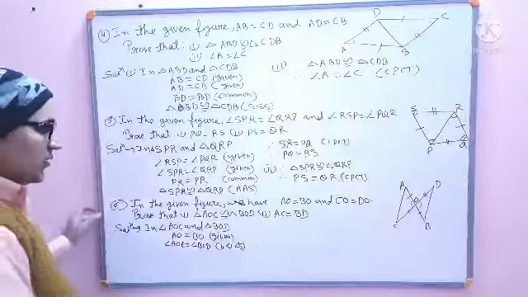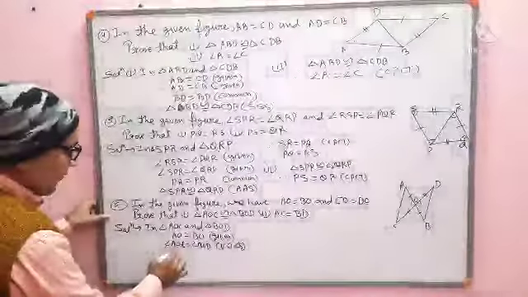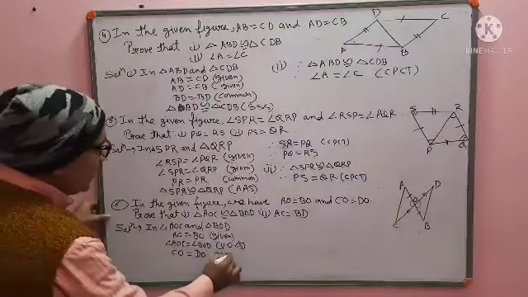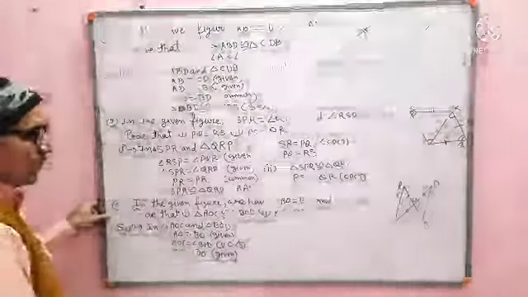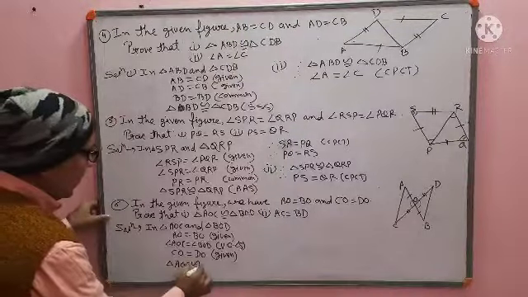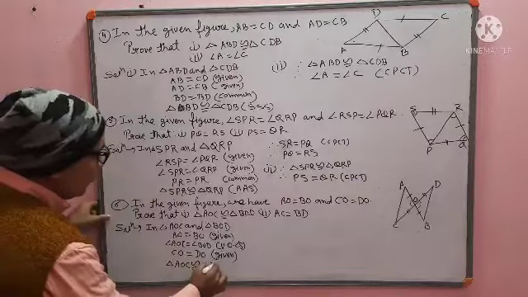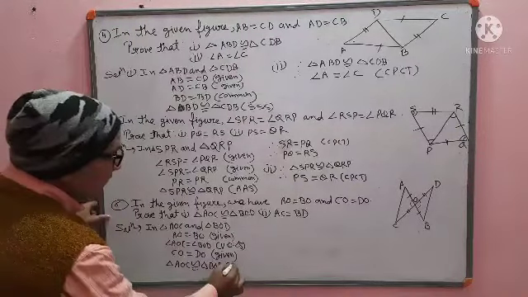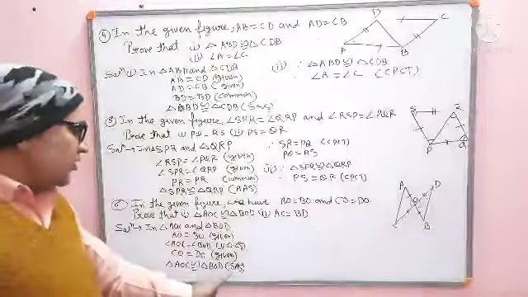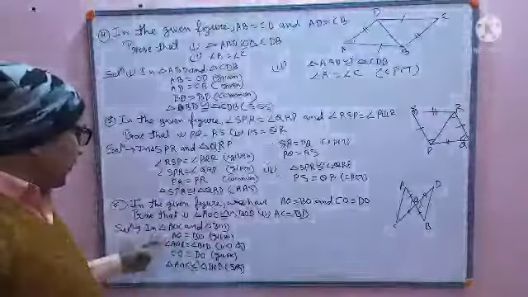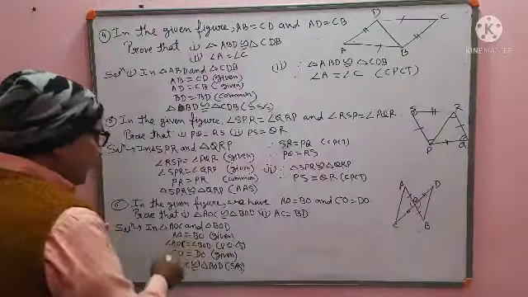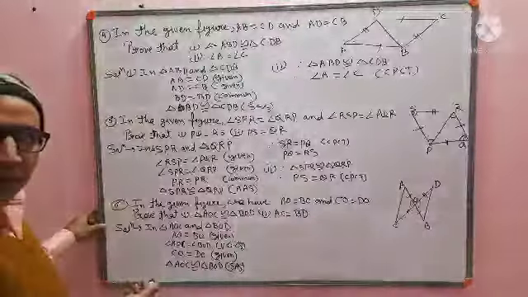And the third one is CO is equal to DO because it is given in the question. So you can say that triangle AOC is congruent to triangle BOD by the criteria of side angle side. Try to understand this point. Side angle side order we are following in both the triangles. Okay, so this is the first part.